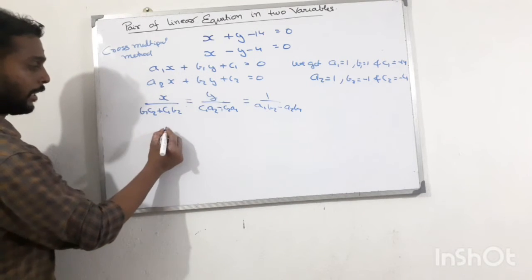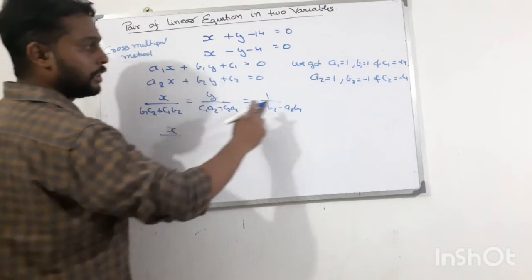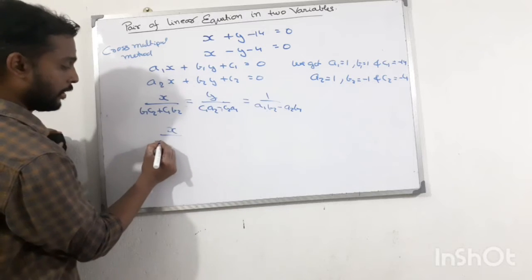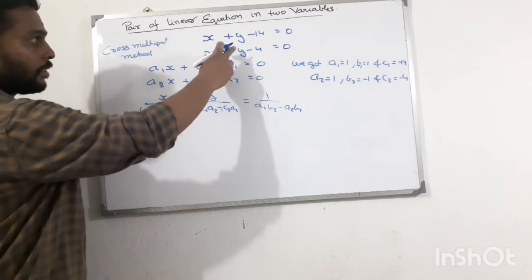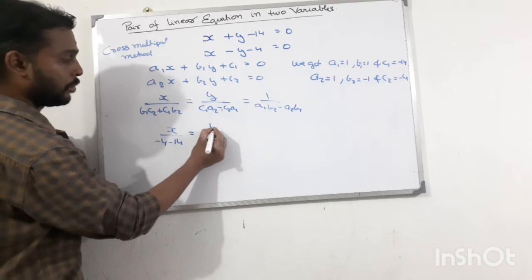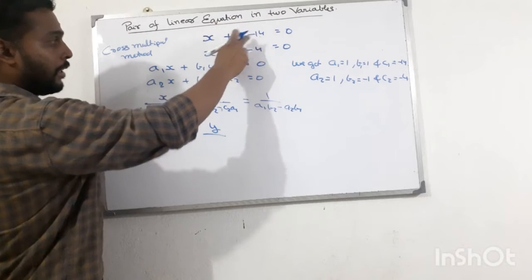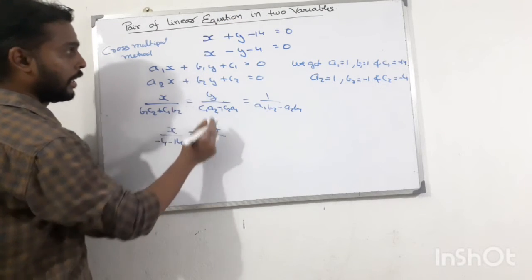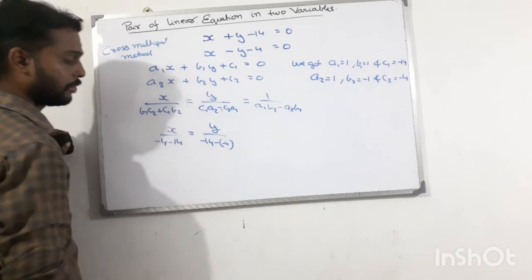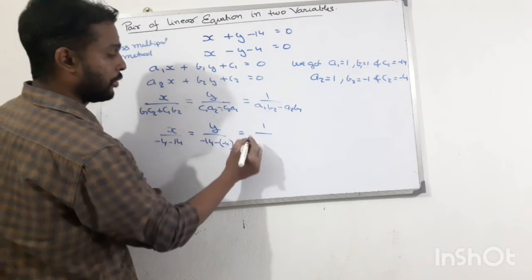So what is the value? b1 is 1 into c2 is minus 4, so 1 into minus 4 is minus 4, and minus 40 into minus 1 is 40. For y, c1 into a2 is minus 40 into 1, minus 40, and c2 into a1 is minus 4 into 1, minus 4.